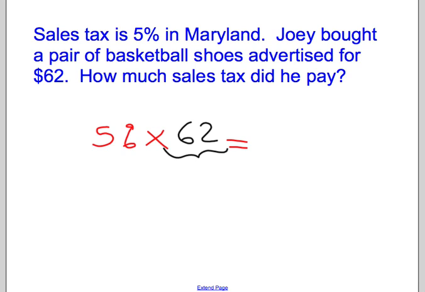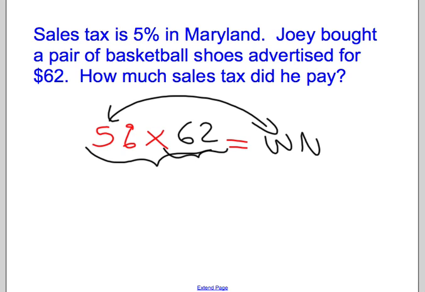Alright. How much tax did he pay? Well, we know that the 5% had to be opposite the actual tax amount. So now it's set up to go ahead and just multiply those two parts. Trenton, 5% as a decimal is? 0.05. 0.05 times 62 gives you that value.